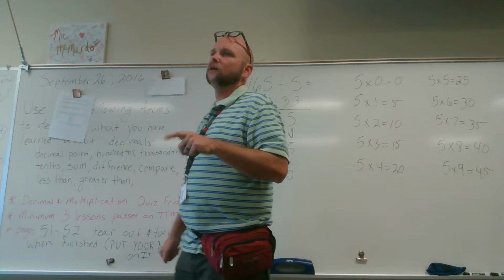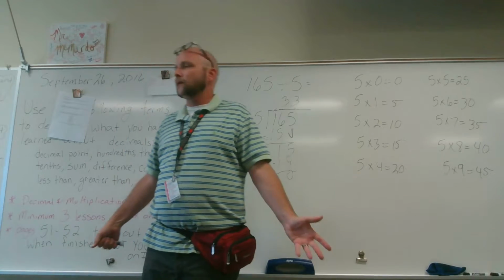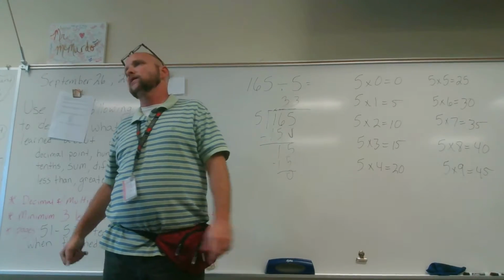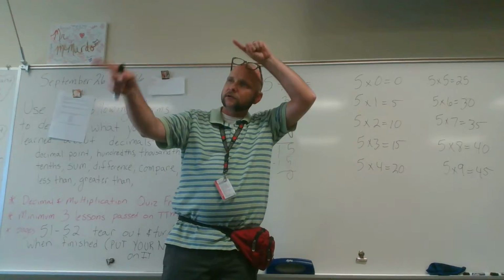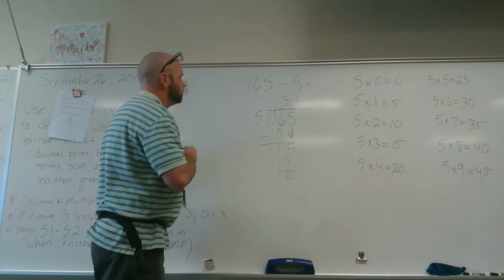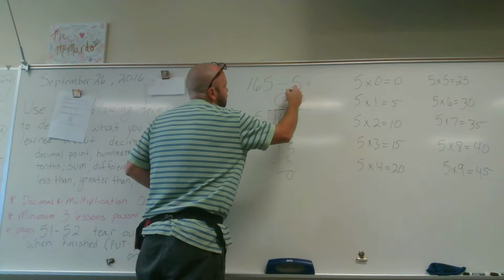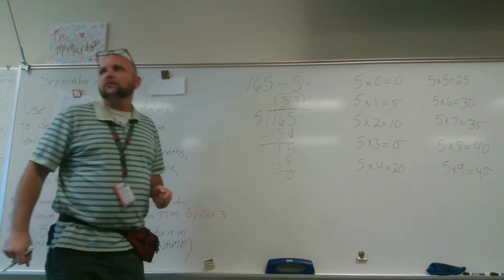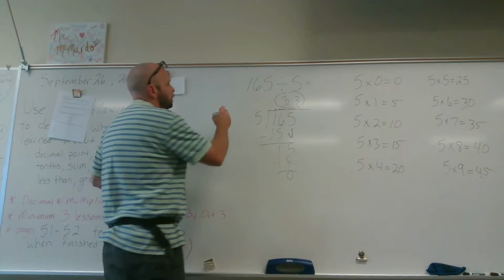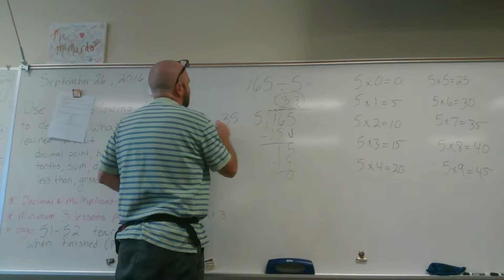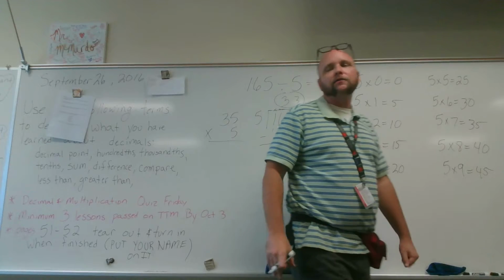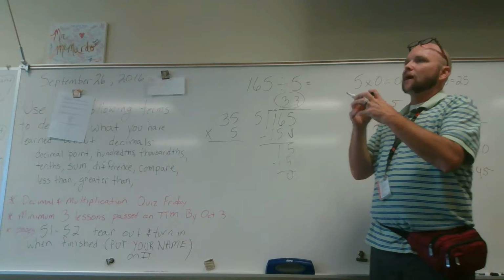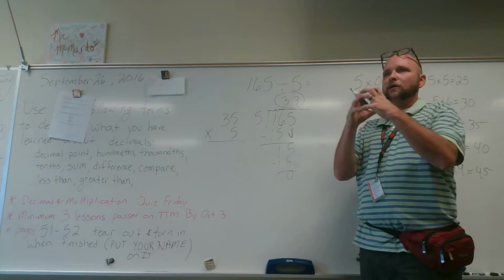Now, Preston wants to know, how do you know your answer is correct? Thank you for asking that, Preston. You multiply. I take my quotient, which is my answer to the division problem, and I multiply that by my divisor, which is the number on the outside of the house, or the number in each group.